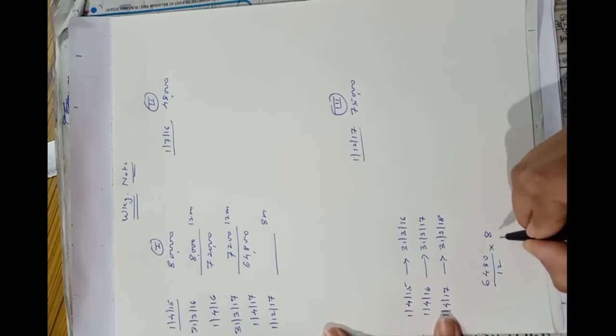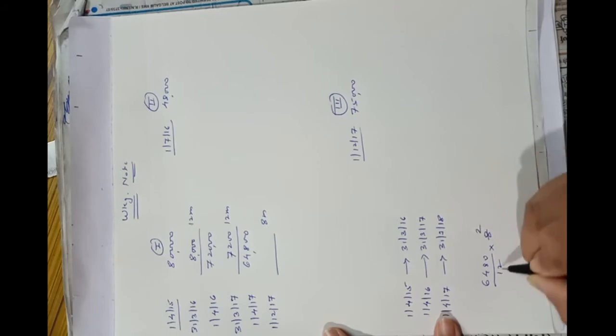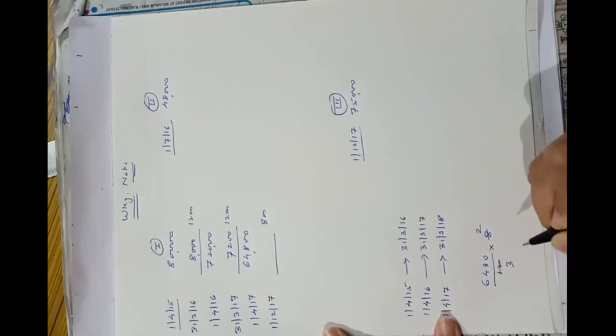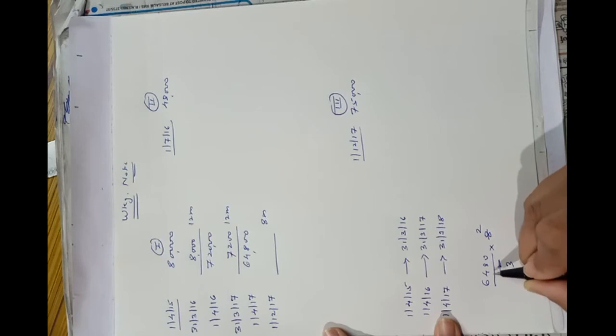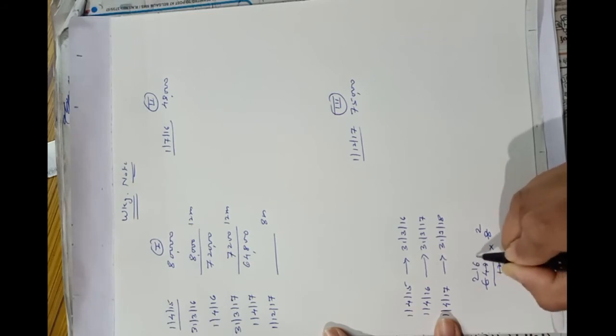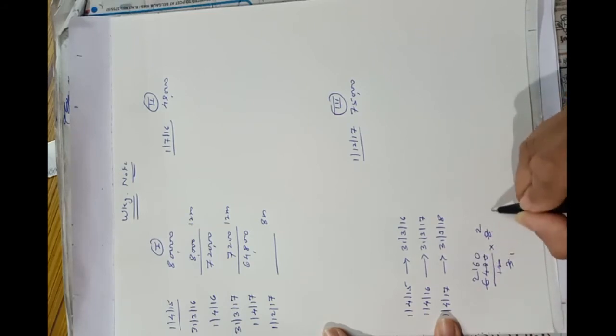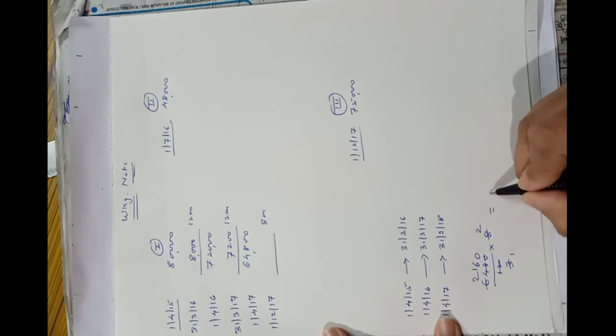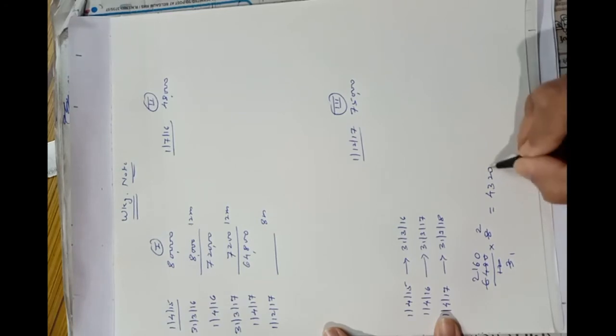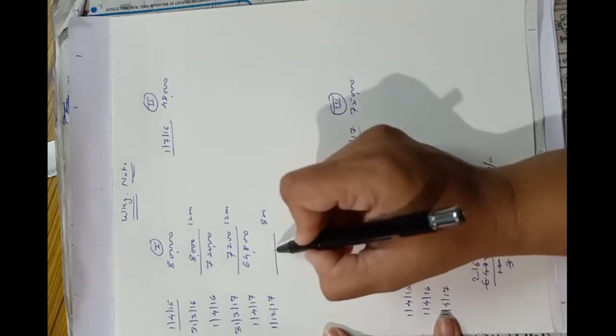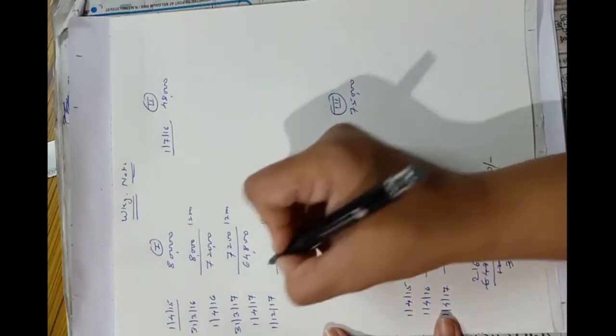Okay. So I can divide by 4, 4 2s are 8 and 4 3s are 12. Now I will divide by 3. 2,160 into 2, it will be 4,320. Correct. 4,320. So this year's depreciation for 8 months will be 4,320.